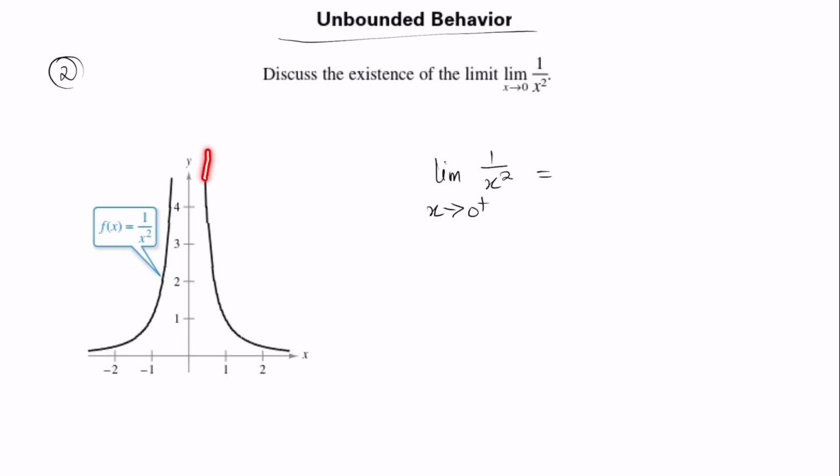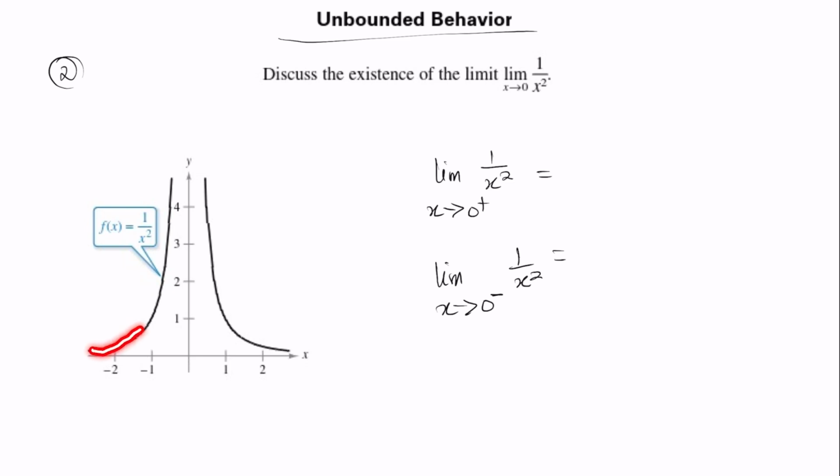So it keeps going without bound. So it's unbounded. Because it's unbounded, we don't know where it is going. It doesn't go to any specific value. So because it does not go to any specific value, we do not have an answer to that. Now, if you also consider the limit as x approaches 0 from the left of 1 over x squared, the same thing happens.